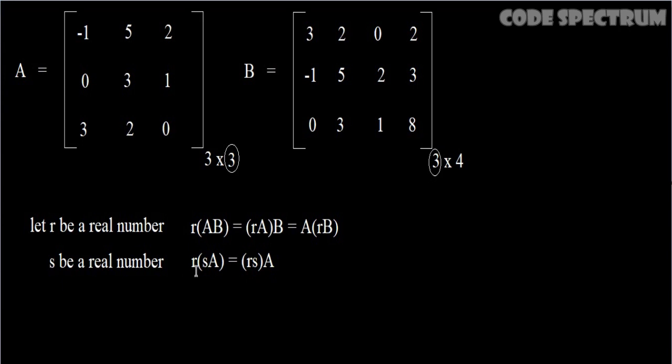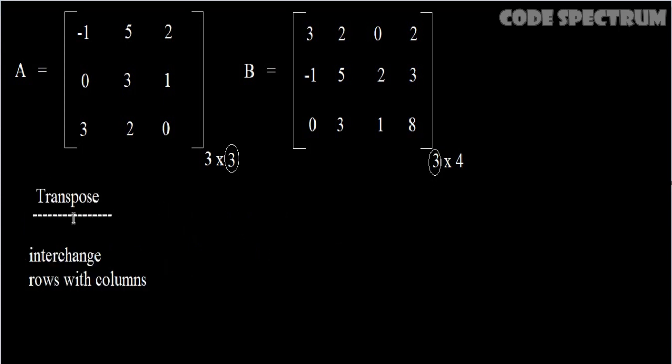Here is SR and here is RS. You cannot take a SR. Just remember one thing, in matrix multiplication the order is very much important. You cannot reverse the order. Now let's discuss the transpose operation here.